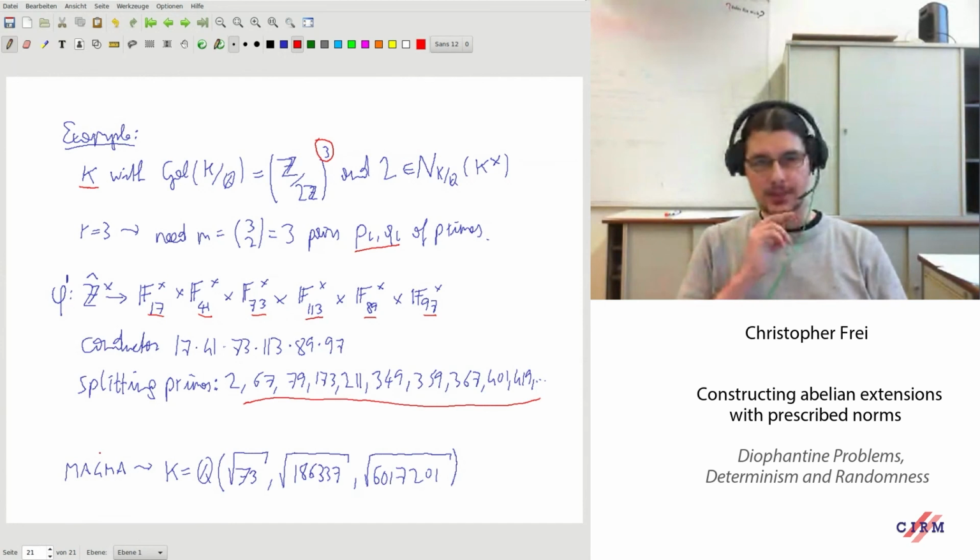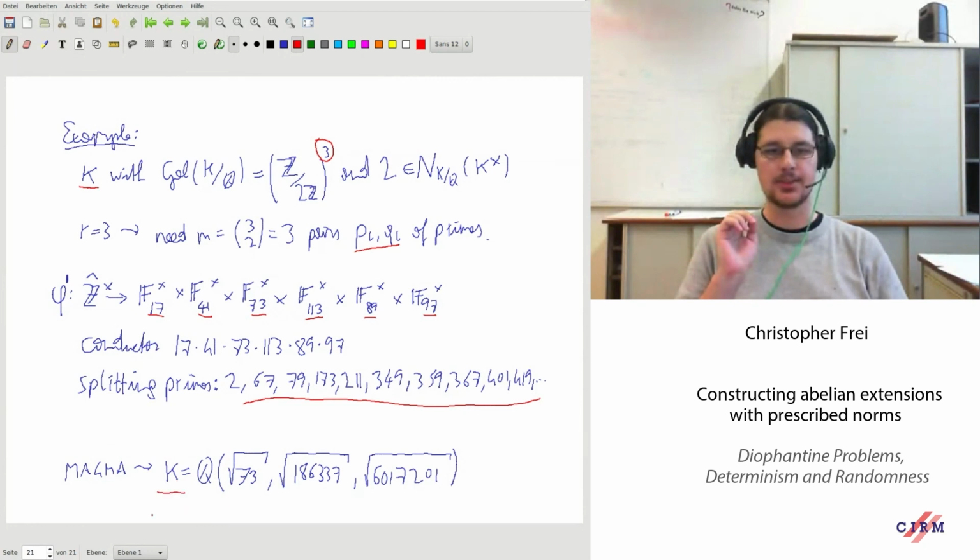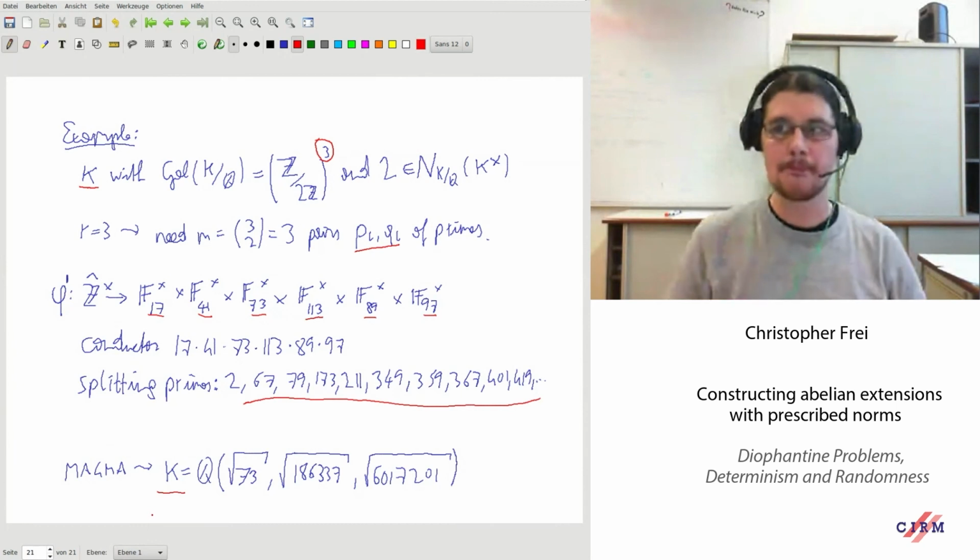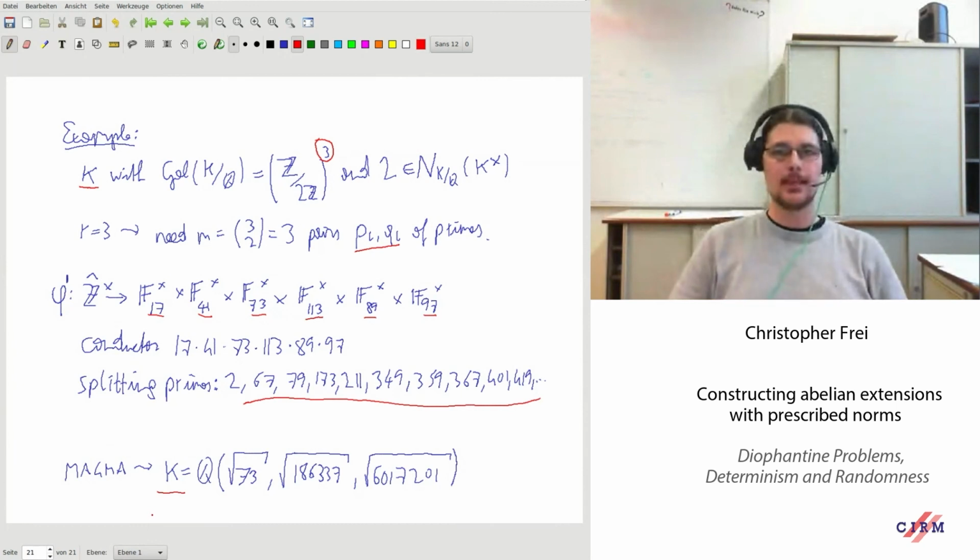And then, of course, if you do constructive class field theory, knowing the conductor and being able to generate all the splitting primes is enough to give you equations for your field. That's implemented in Magma, for example. And in this particular case, Magma took maybe a second or two to compute this concrete representation of the field. Okay, I think that's all I wanted to say here. So yeah, thank you.